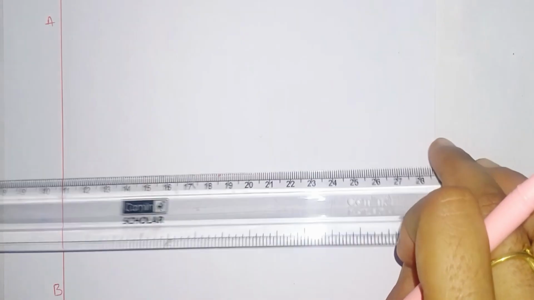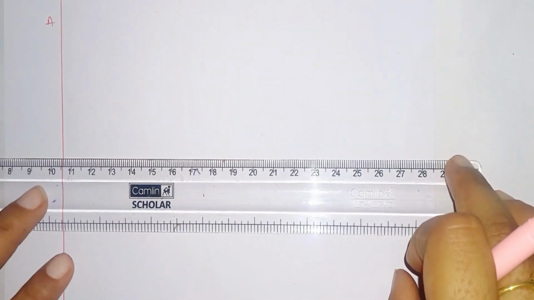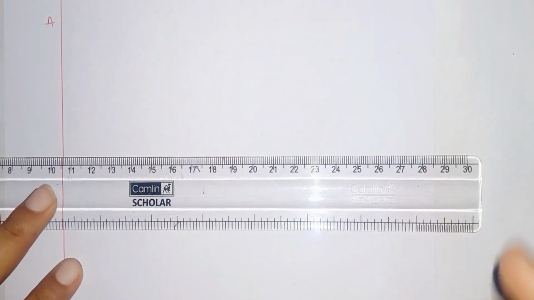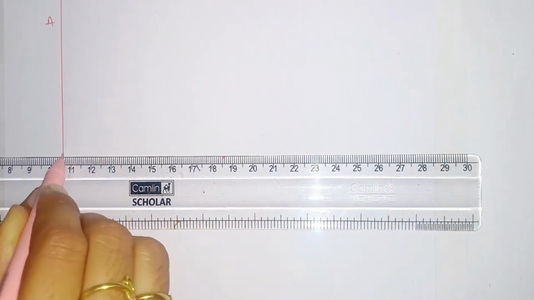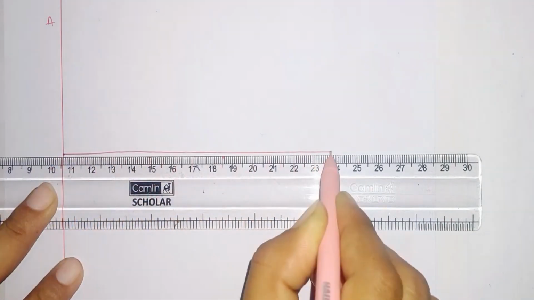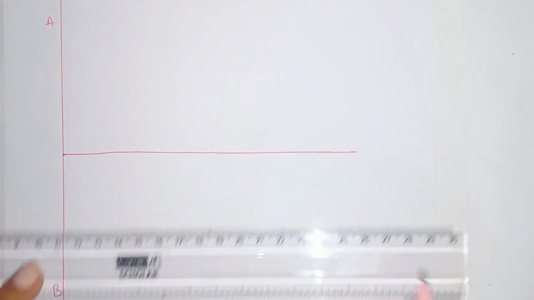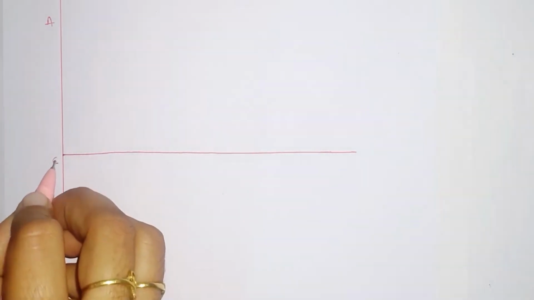From any point on the directrix, draw the axis, which is perpendicular to the directrix, or we call it a horizontal line. And here mark C.